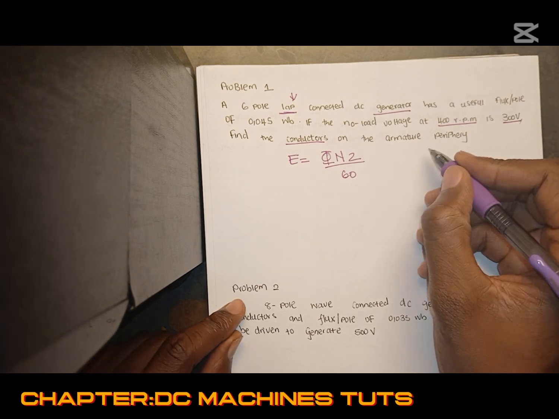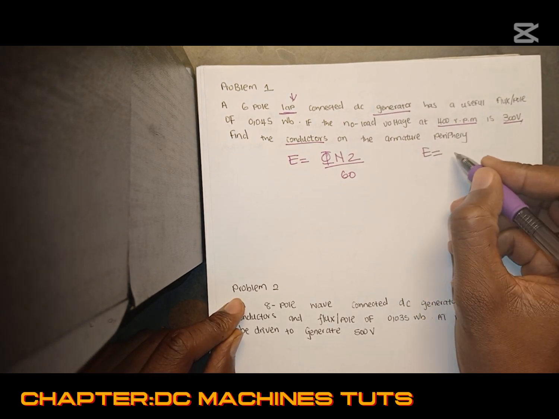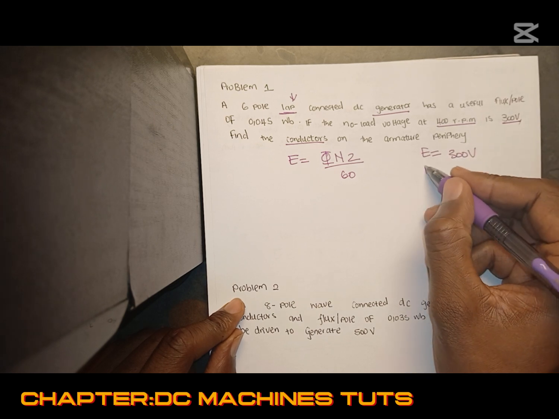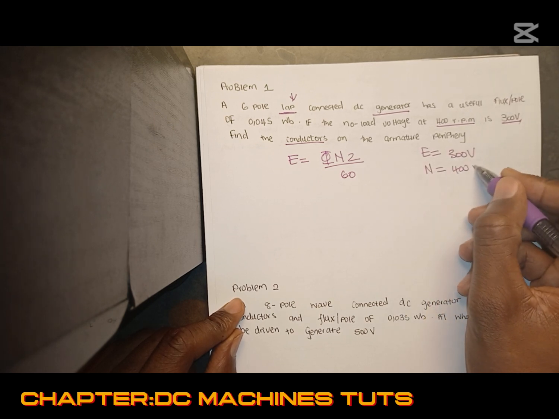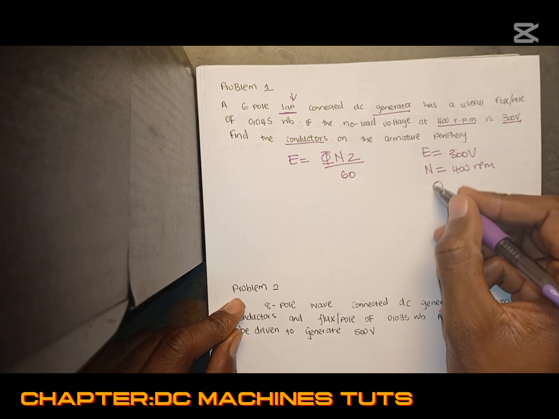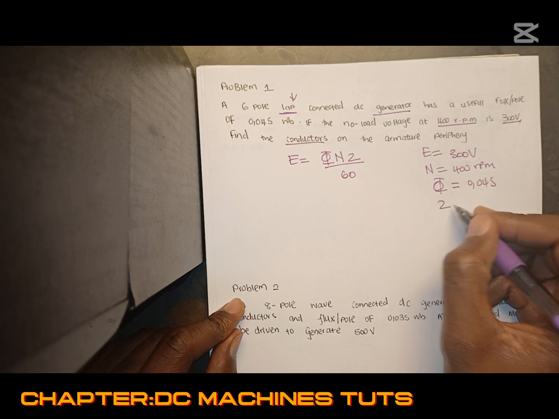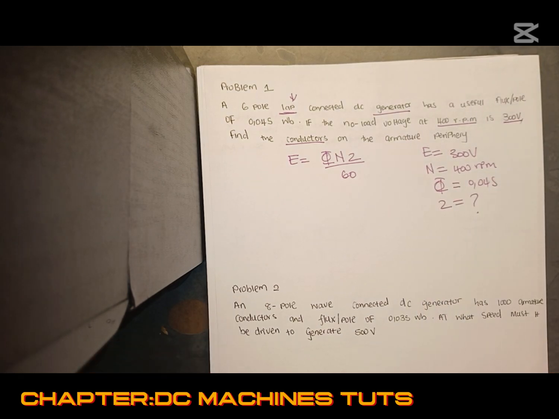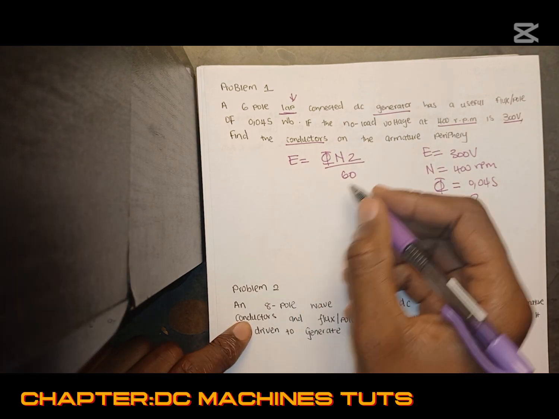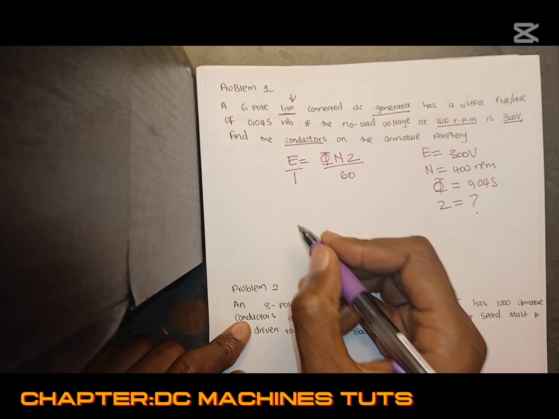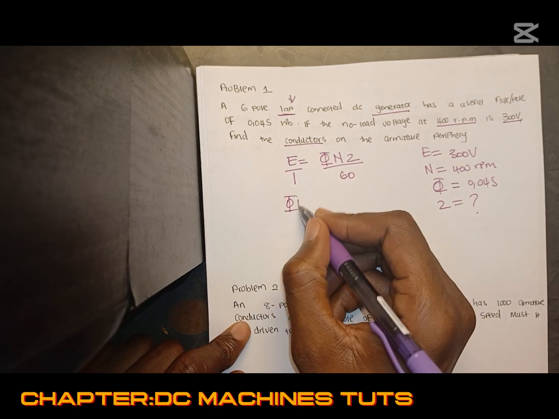You have got E, that is 300 volts. You have got N, that is 400 RPM. You have got flux, that is 0.045. Then what don't you have? That's Z, which is the conductors. Right, now we have to make Z the subject of the formula.